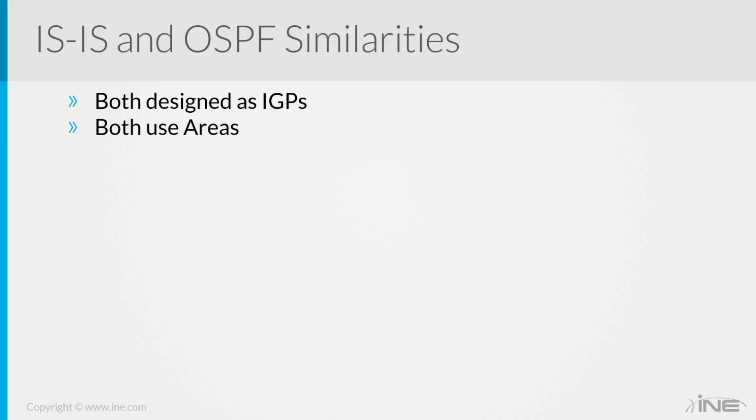Areas in OSPF dictate the flooding domain of LSAs. In IS-IS, the area doesn't dictate the flooding domain. It's just a way for you to help do topology summarization, just like OSPF does.